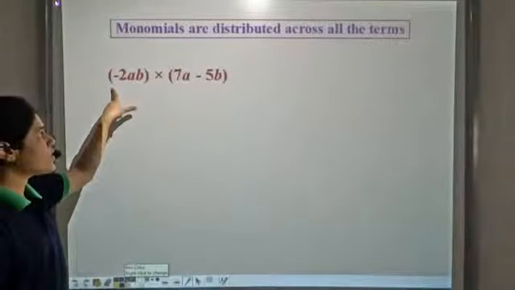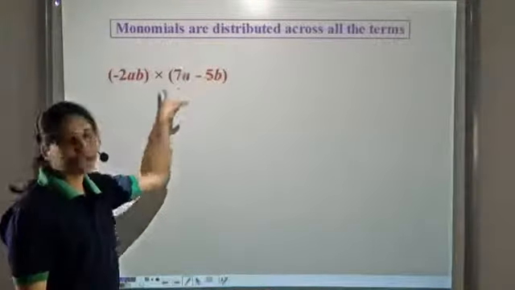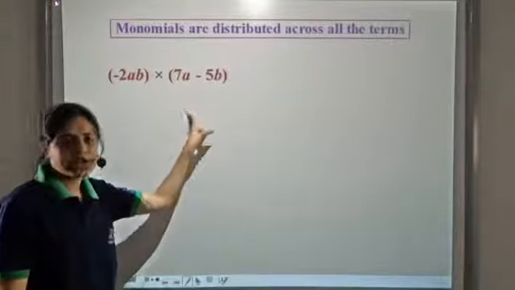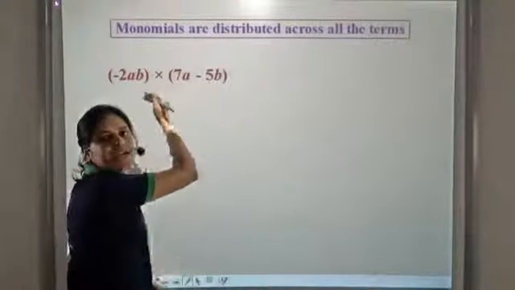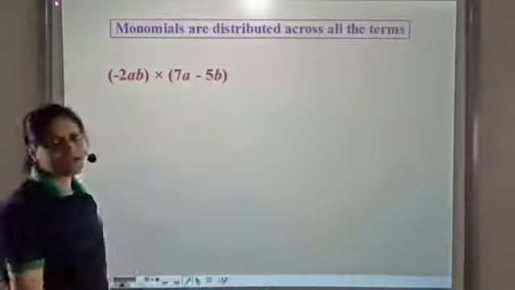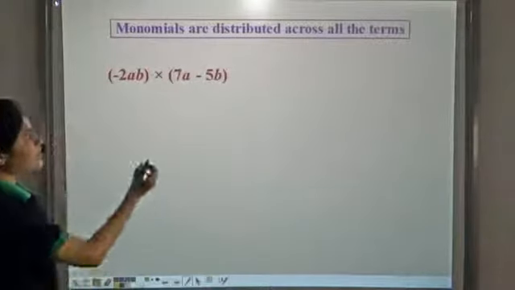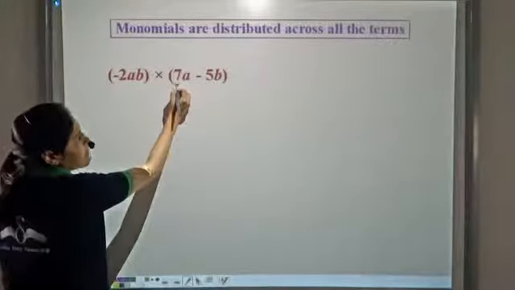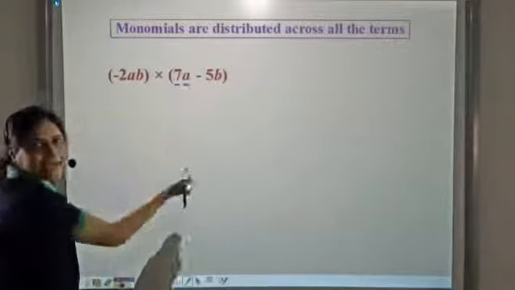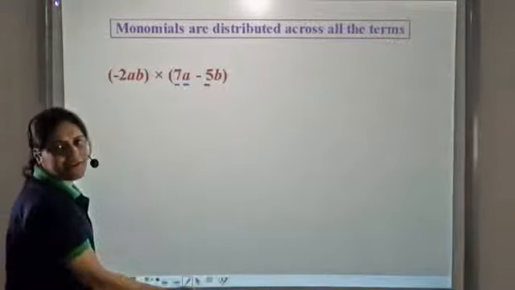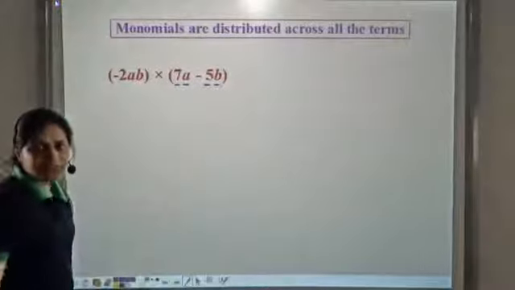So negative 2ab should be distributed over the entire expression. What does it mean? Does it mean that it should be multiplied with 7, with a, with 5, with b, everything?